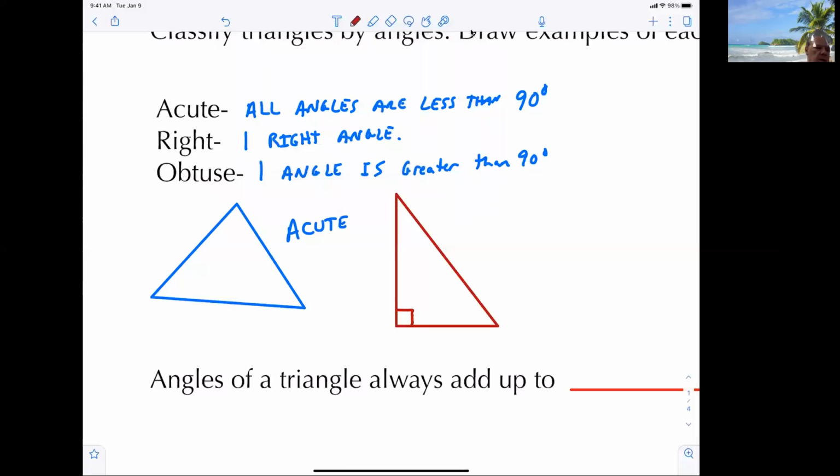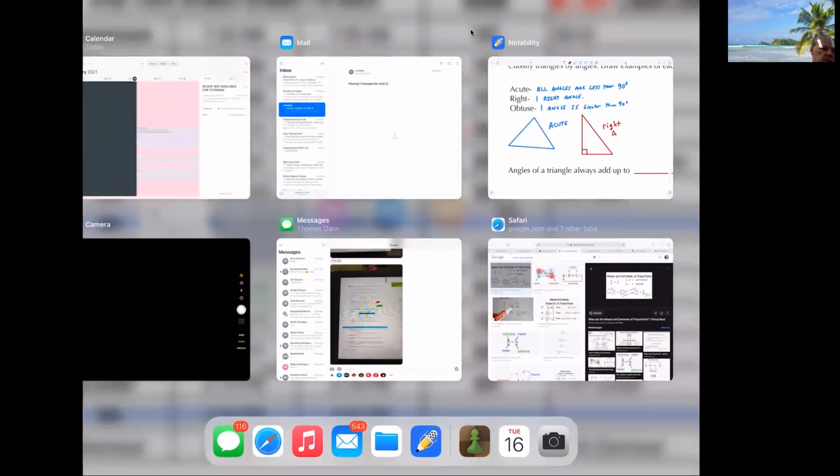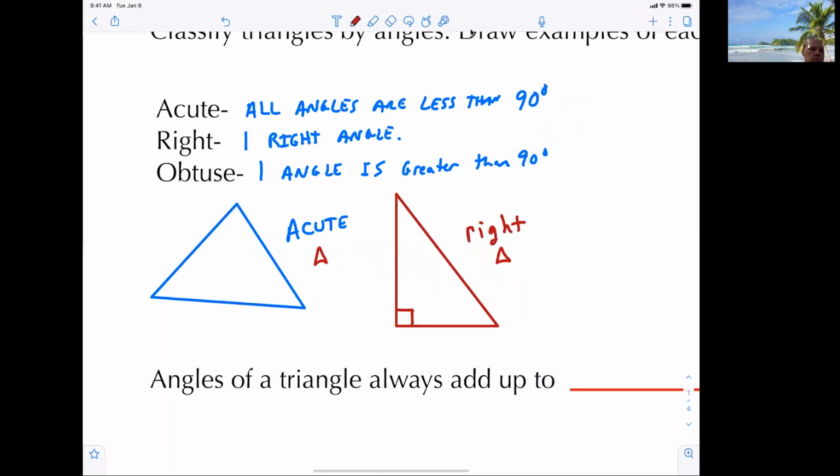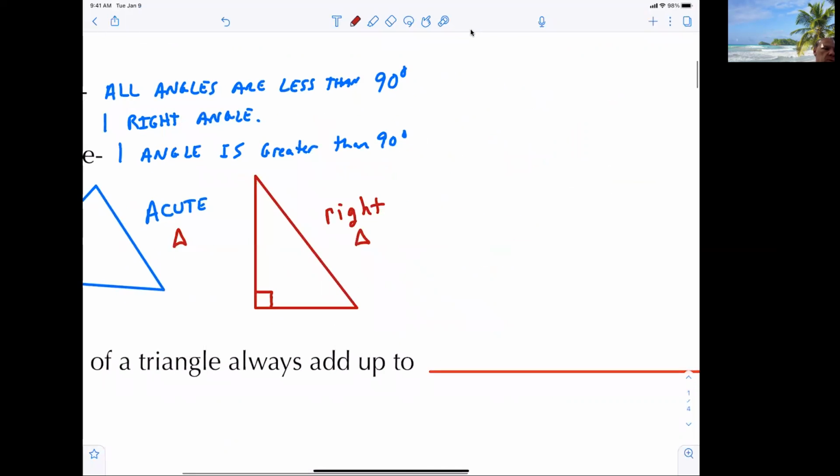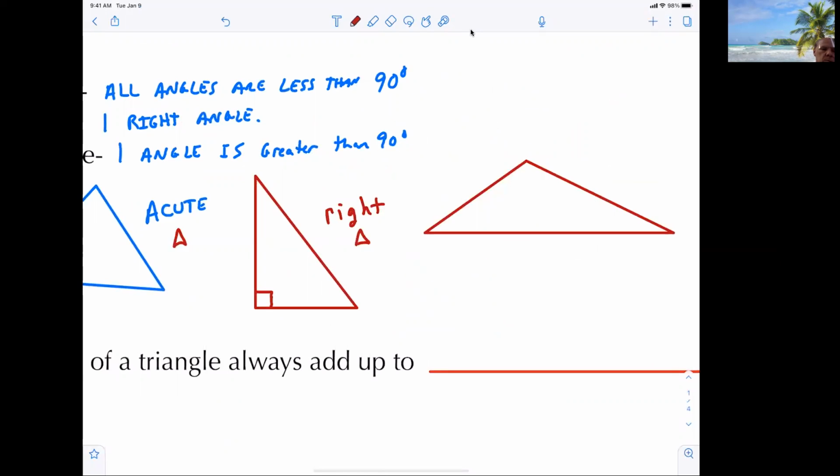And then right next to it, that's called a right triangle. This is an acute triangle. And then we need to find an obtuse. So there's my obtuse triangle.